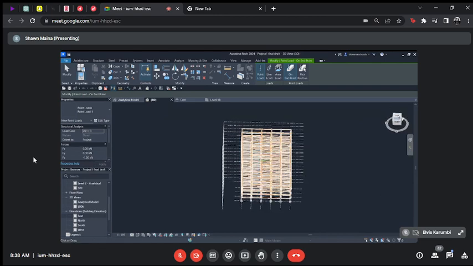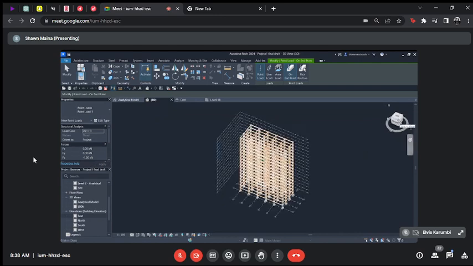Okay, so I'm happy with the progress of this group. Keep going. Now this is for the whole class: you can make an attempt to put in both gravity and lateral loads. And as we said at the beginning, there are a lot of tutorials.